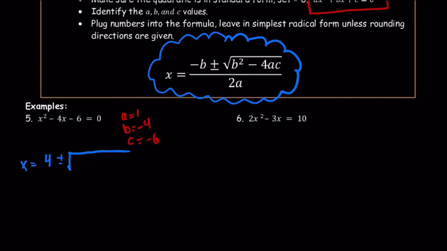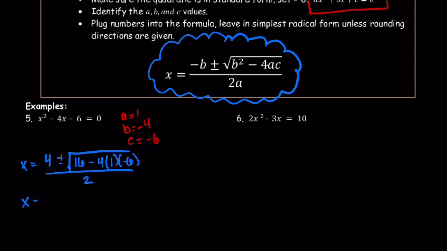So I am going to recommend, as long as b is a single digit or a relatively small double-digit number, you do that in your head. We should know those perfect squares anyway. Negative 4 squared is 16. So I'll put 16 in here. Minus 4 times a, which is 1, times c, which is negative 6, all over, and again, I think we can double pretty much any number, so 2a, if a is 1, is just 2.